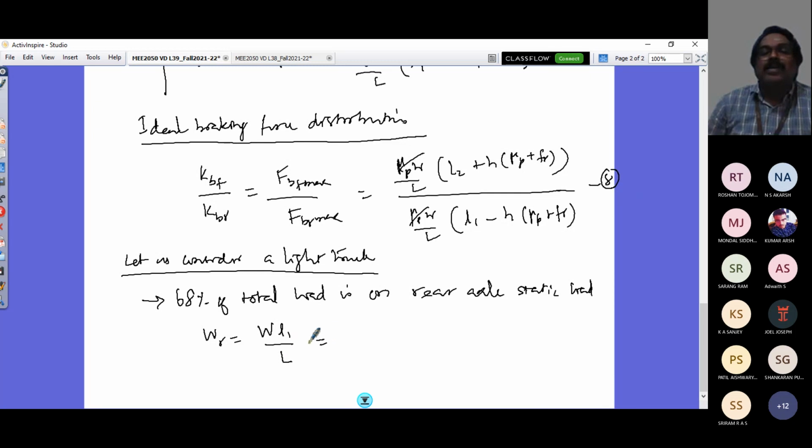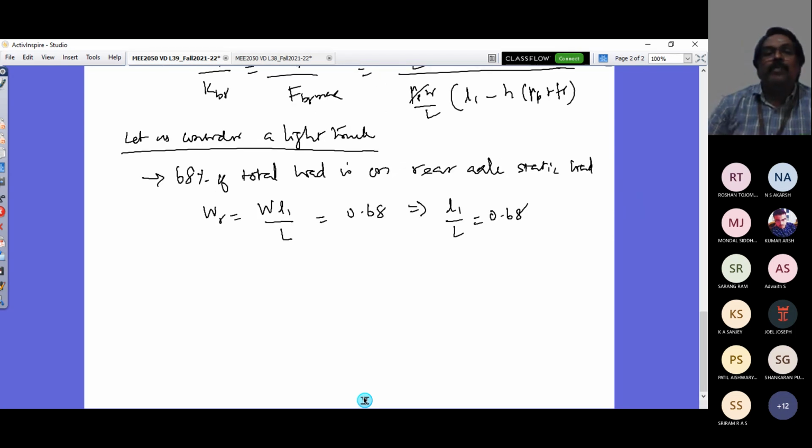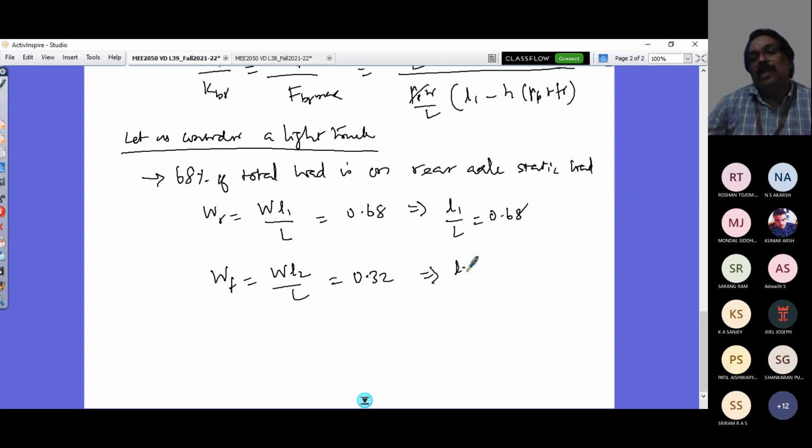So 68% means this is equal to 0.68, so the ratio L1 by L is 0.68. The remaining total load of 32% would be on the front axle. So WF is W L2 by L, and L2 by L is going to be 0.32.